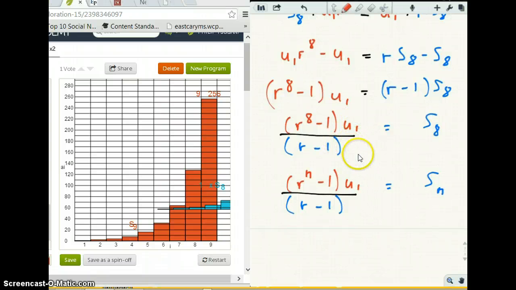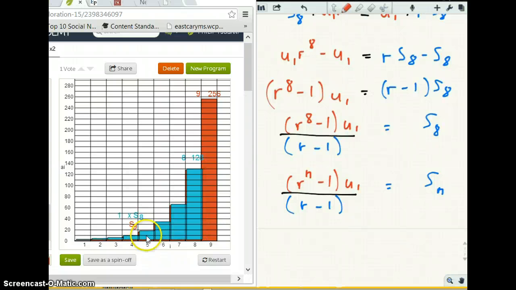And now the only thing left to do is, now that we did this for a geometric sequence which is 8 wide and 9 wide, if we just change the 8 to an n, basically we're saying, what is the area of an 8 wide geometric sequence where the common ratio is 2, and we found out it's this.